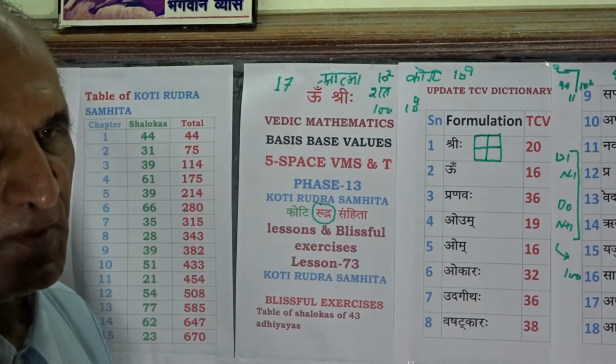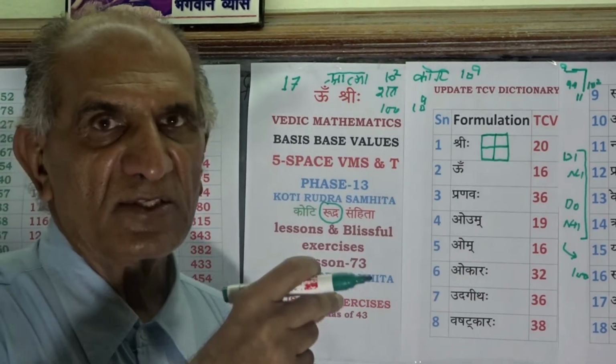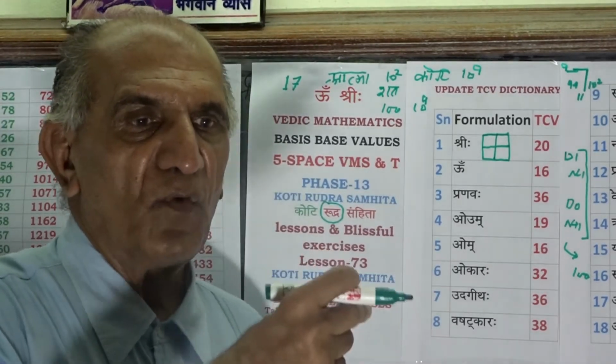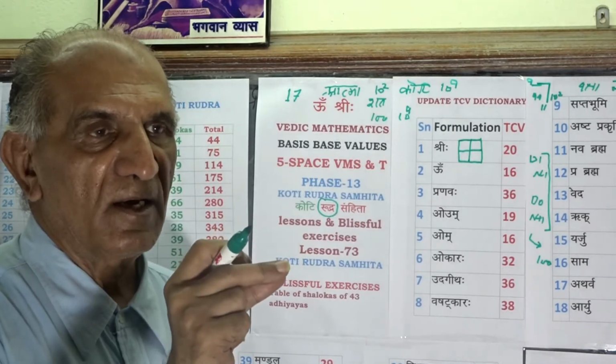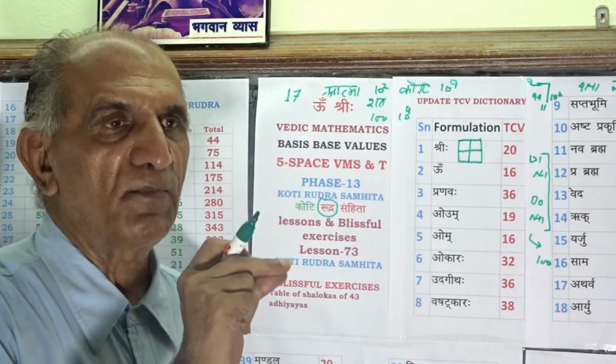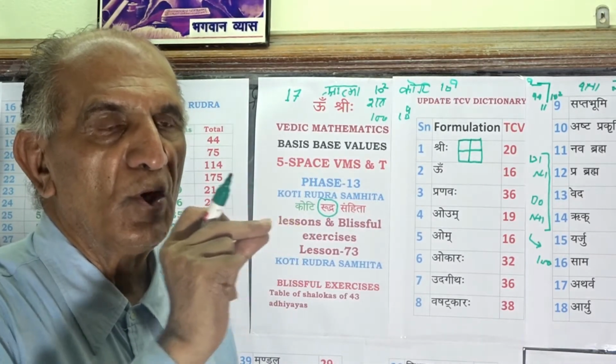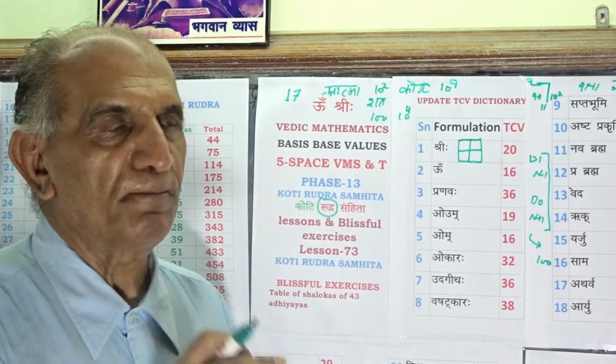Make a note that the transition from the format of Shatrudra Samhita to Koti Rudra Samhita is a transition from the value 10 raised to power 2 to 10 raised to power 9.